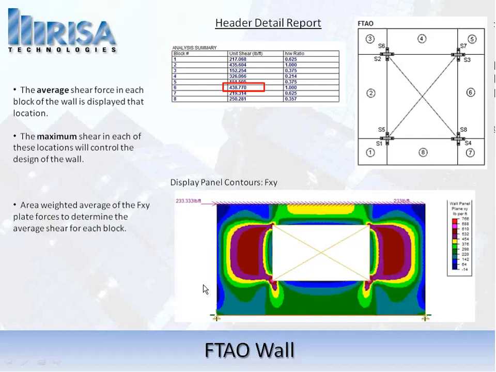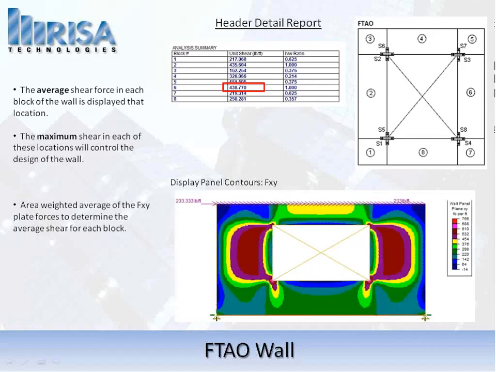Going into your plot options, you can turn the FXY contours on, and then we're just looking at the average across this area. It gives us a guide of what's happening in this area, which is an average of what happened for this entire block.